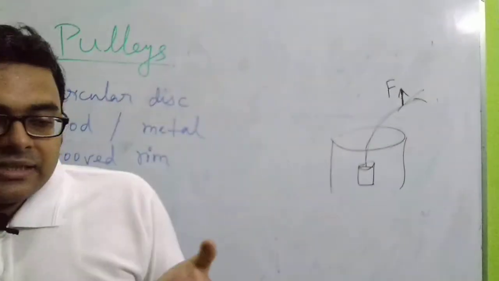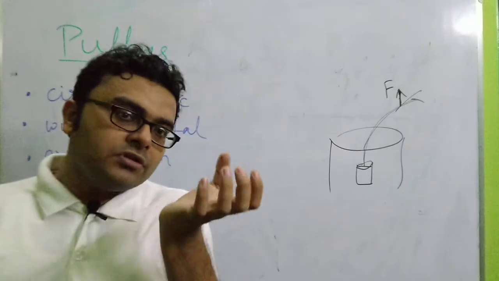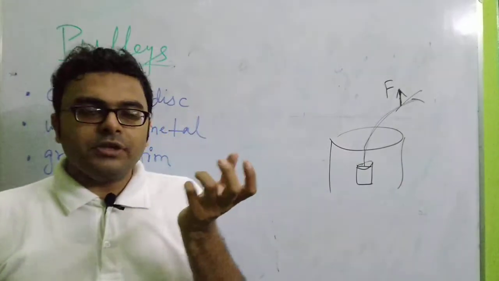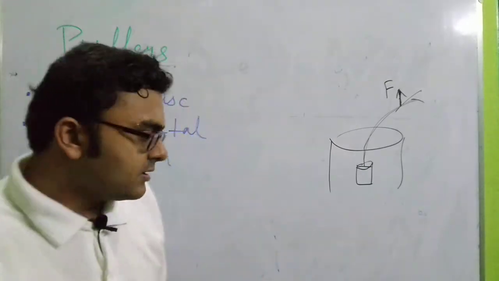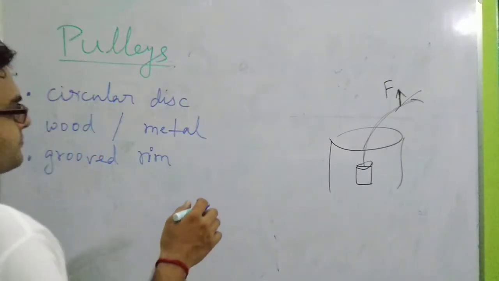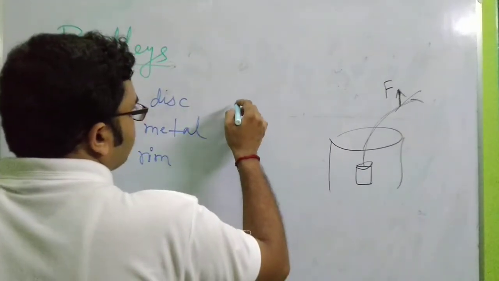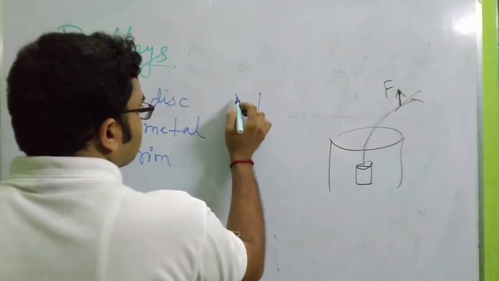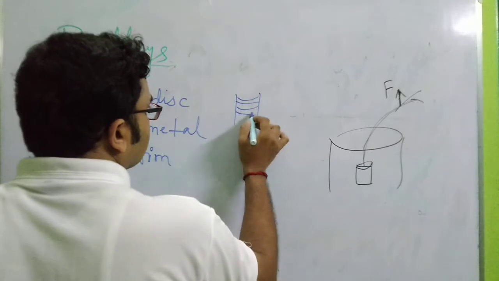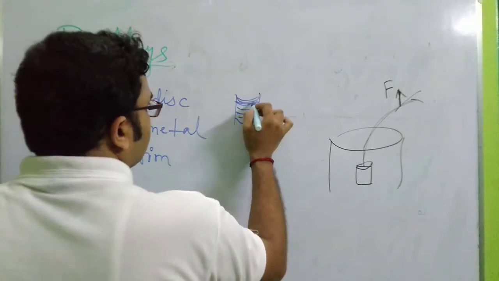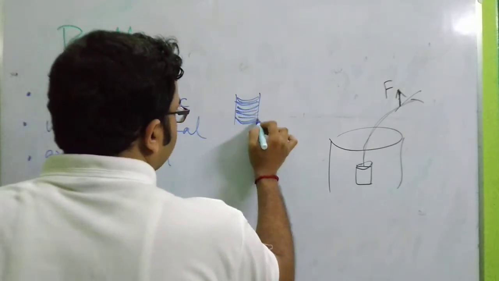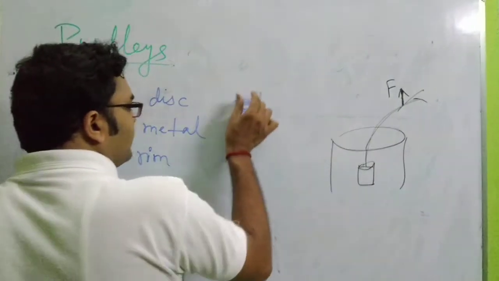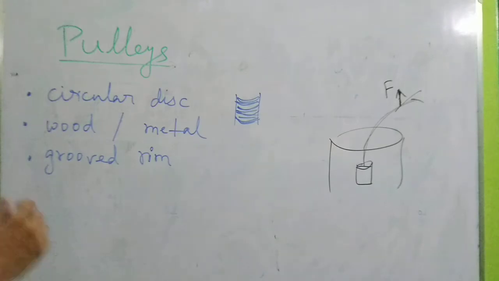I think you have observed that in order to hold the tire tube, the rim of the wheel is somewhat grooved. That means if you have the upper view, it will be something like this. There will be some shallow hollow part here, so that the tire tube can fit here. So that is a grooved rim.